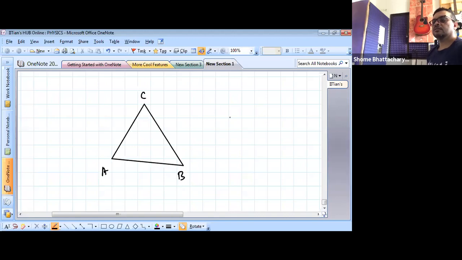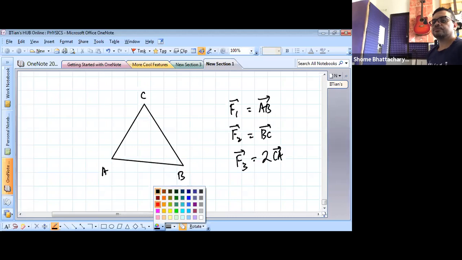Now I can represent the force F1 as, let's say, the vector AB, the force F2 as the vector from B to C, but the force F3 will have to be twice the vector CA. So in this diagram, the force F1 will be like this. The force F2 will be like this.